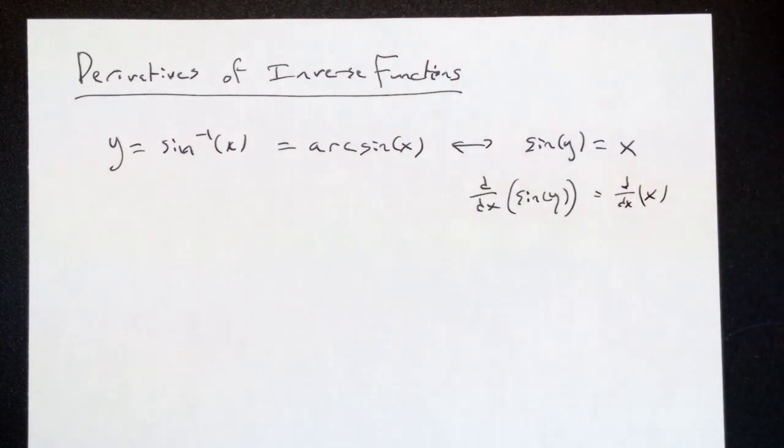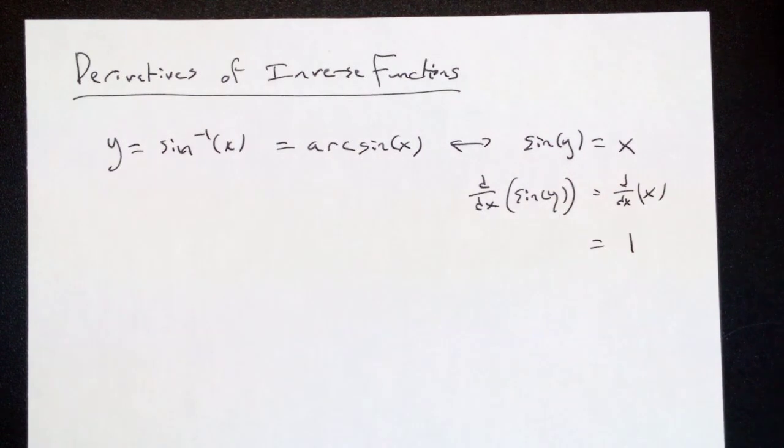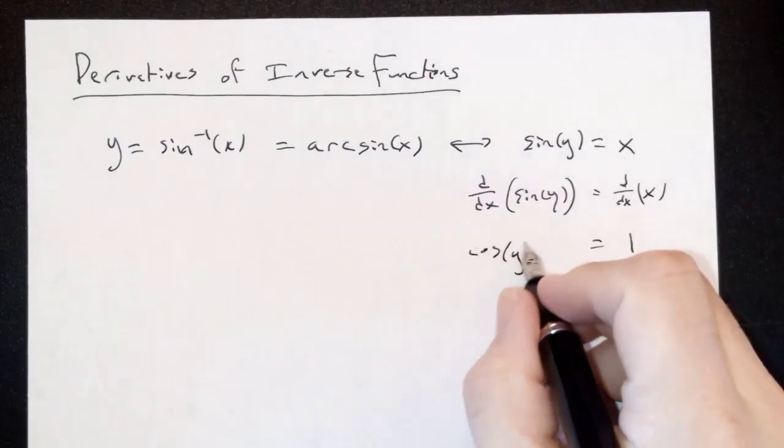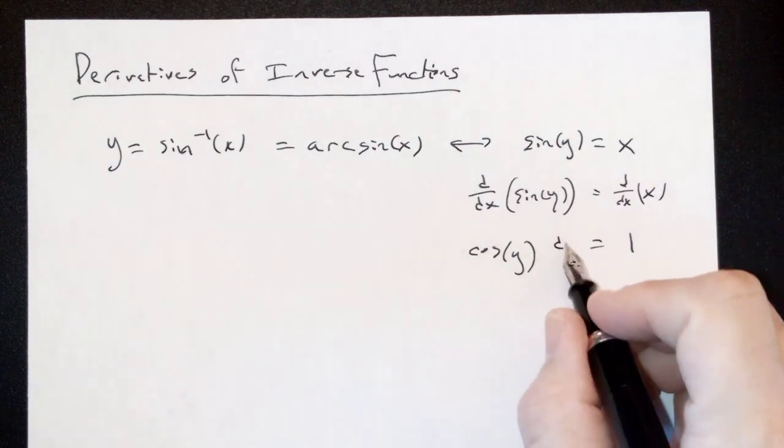What's the derivative of x? That's easy. The derivative of sine of stuff, cosine of stuff, but wait, there's more. What's the but wait, there's more part? I can use y prime, however you want to write it.